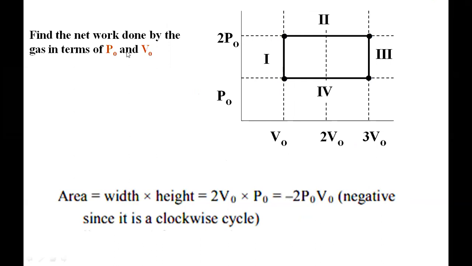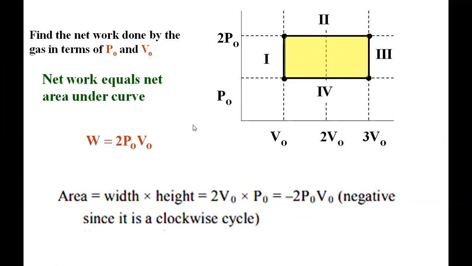Again, find the net work done by the gas in terms of P naught and V naught. Net work equals the net area under the curve, and in this case the work equals P naught V naught. How? The area is the width times the height.